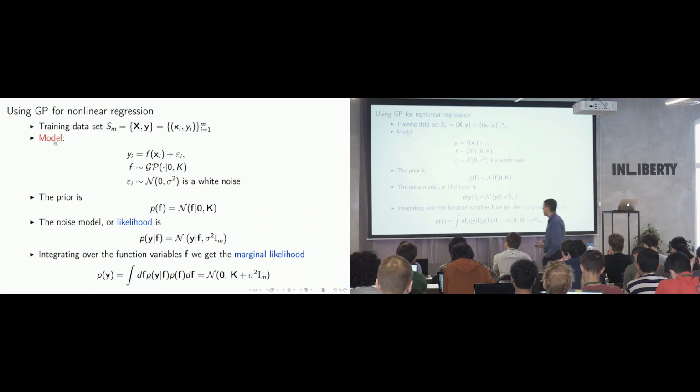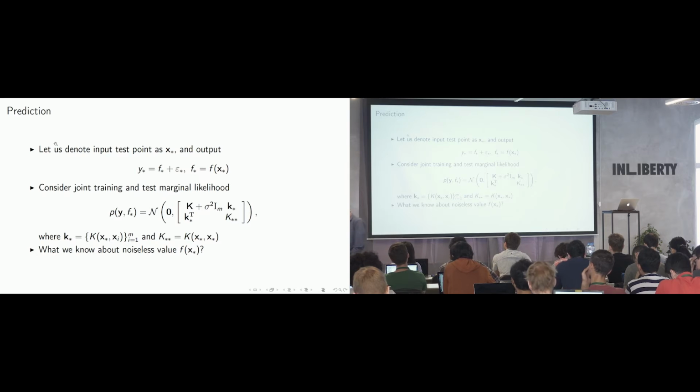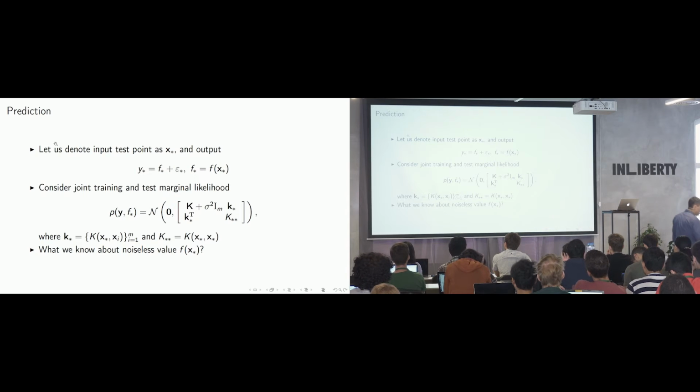Now let us discuss how we can construct a prediction using Gaussian processes. It's actually very simple using the properties of Gaussian distributions. First of all, let us denote by x star the point at which we would like to predict the unknown value of f.